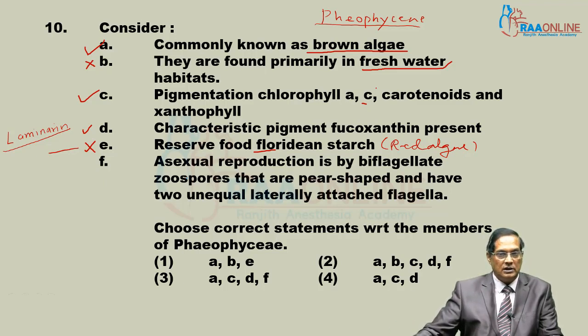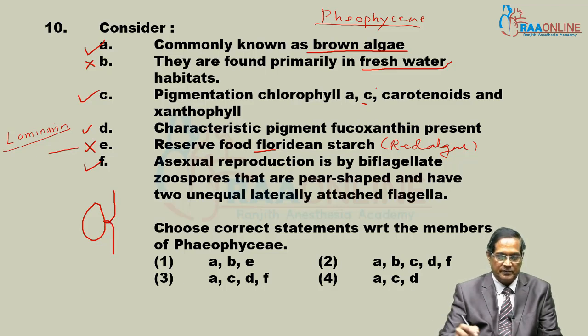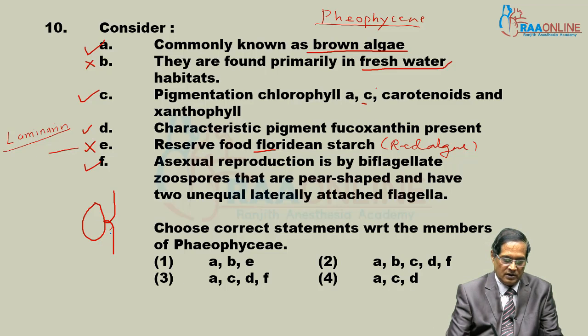Now come to the reproduction. Asexual reproduction by biflagellated zoospore. They are pear shaped and have two unequal flagella attached laterally. This is right. This is a zoospore of brown algae, and there are two flagella attached laterally and they are unequal.